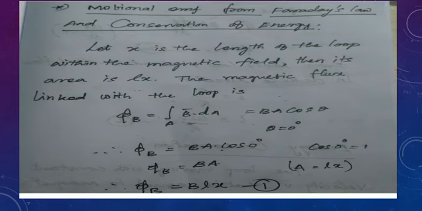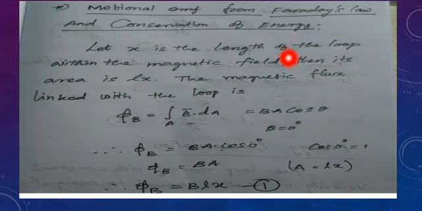Now the derivation. Please note it down. Motional EMF from Faraday's law and conservation of energy, or energy conservation, both are the same, right? Let X be the length of the loop within the magnetic field, then its area is L into X, length into breadth, right?